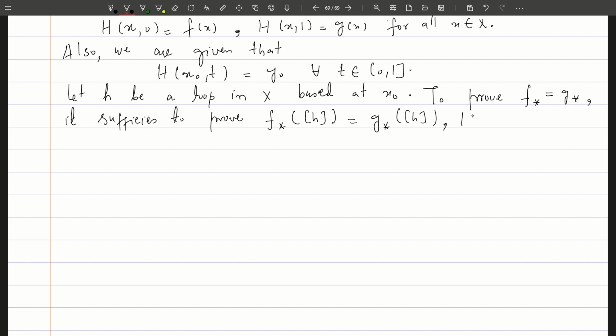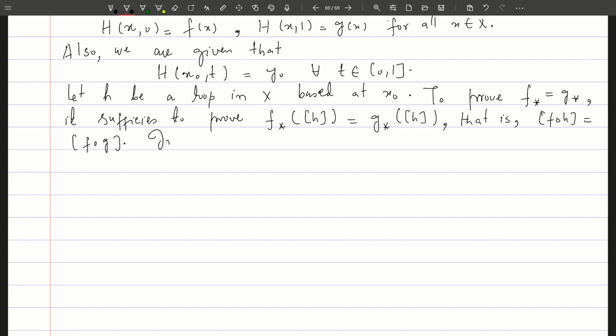That is, the homotopy class of f composite h is the same as the homotopy class of g composite h. In other words, it suffices to prove these two maps f composite h and g composite h are homotopic.